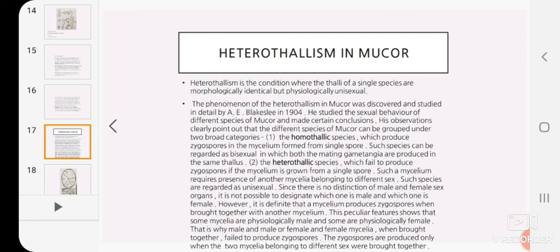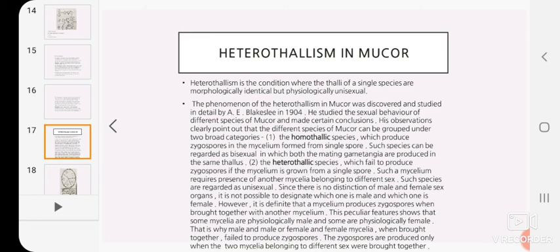Blakeslee proved this heterothalism in Mucor mucedo by an experiment. He inoculated a sterile agar medium in a petri dish with many spores belonging to the positive and the negative strain, and he found that the spores germinate to produce mycelia.